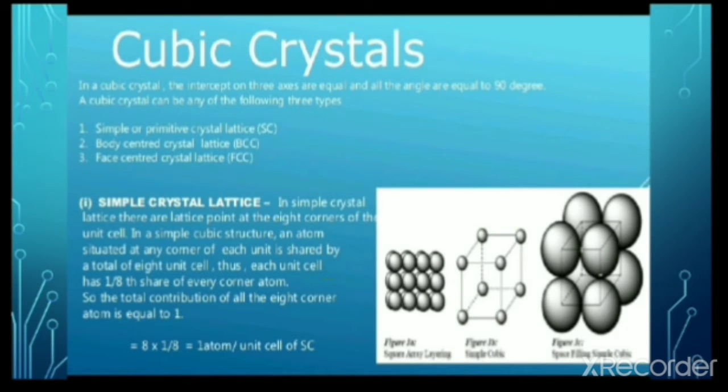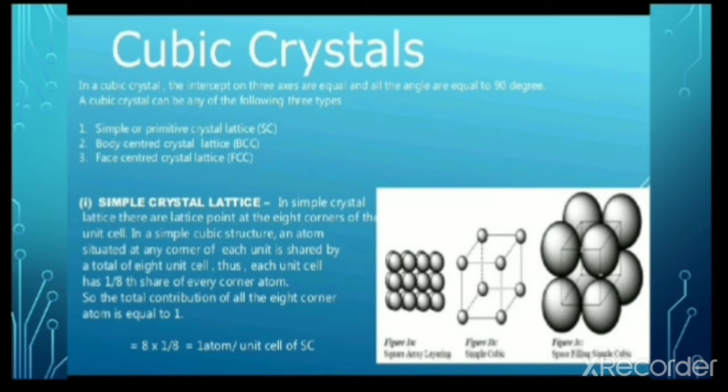So the total contribution of the atoms at the 8 corners is equal to 1, because 8 atoms are at the 8 corners, each forming 1 by 8. So 8 into 1 by 8 gives 1 atom per unit cell of the simple cube.